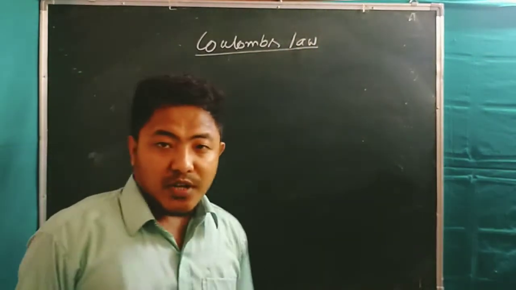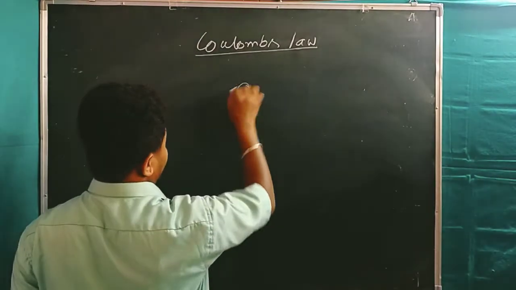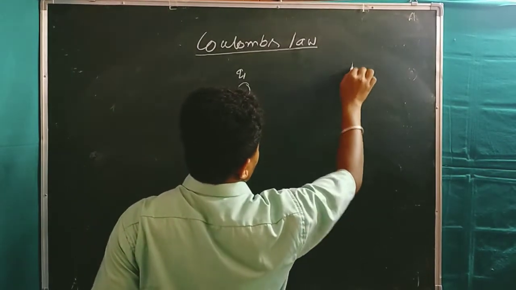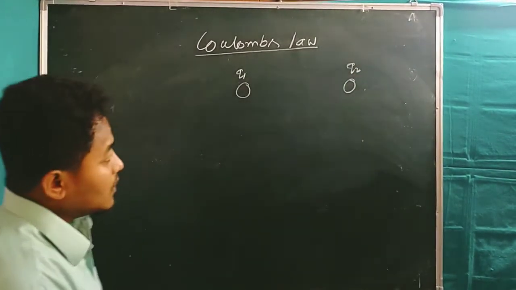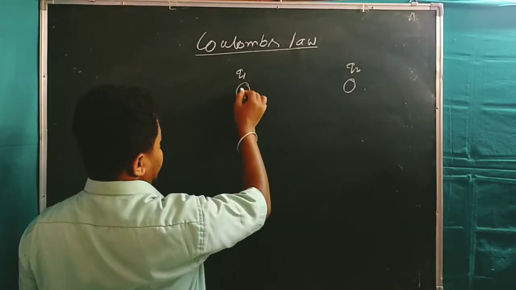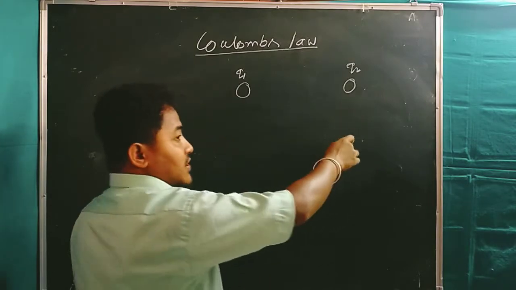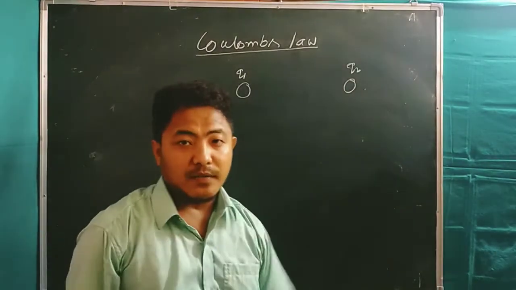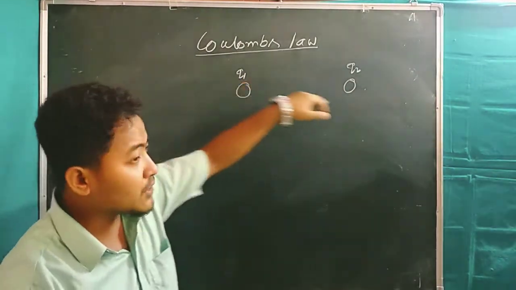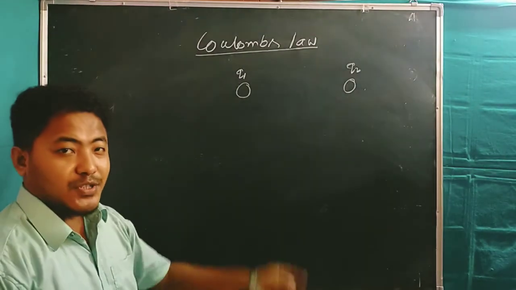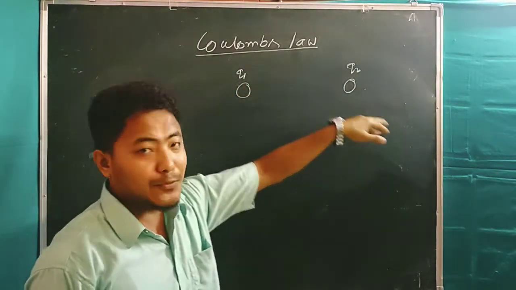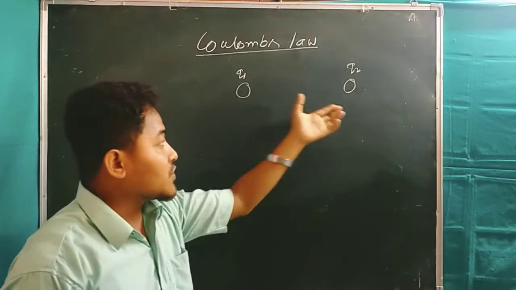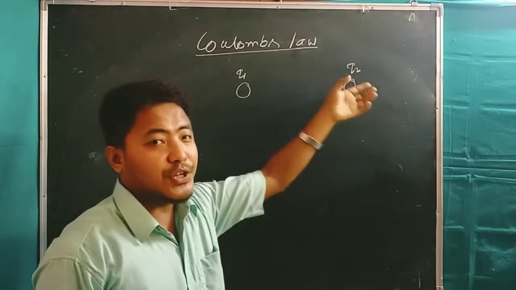Suppose we have two charges, this charge is Q1, and this is another charge, Q2. If this is a positive charge and this is a negative charge, then they will have attraction, and if both are positive, then they will have repulsion. If both Q1 and Q2 are positive or both are negative, there will be repulsion. If one is positive and the other is negative, there will be attraction.